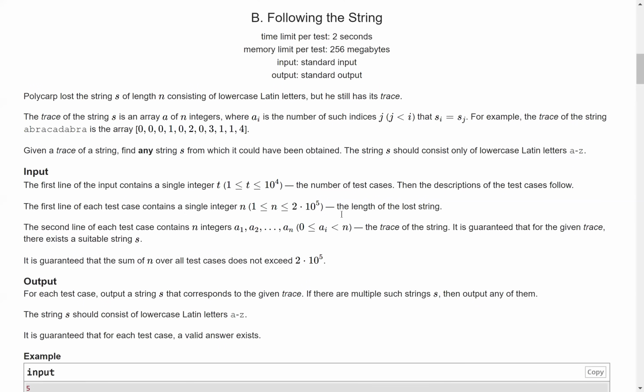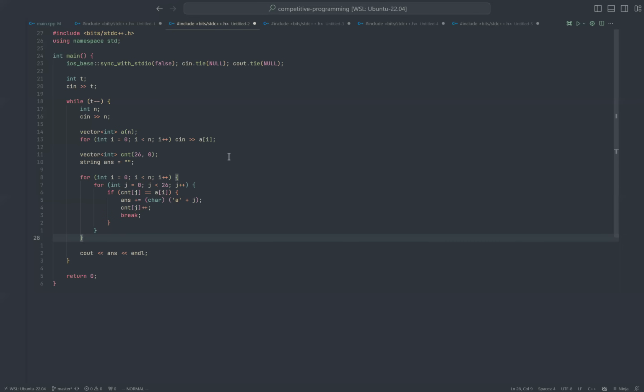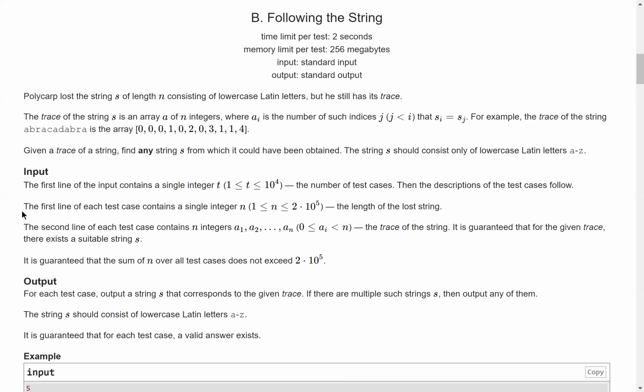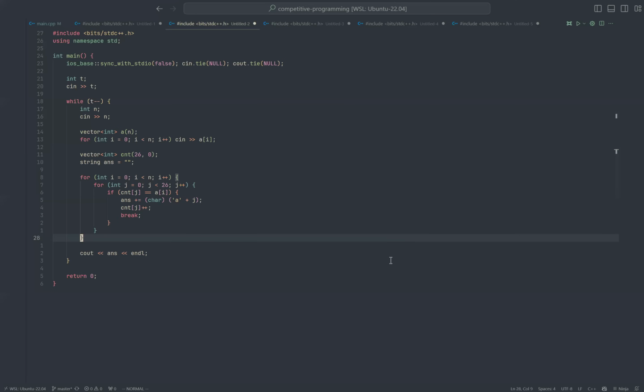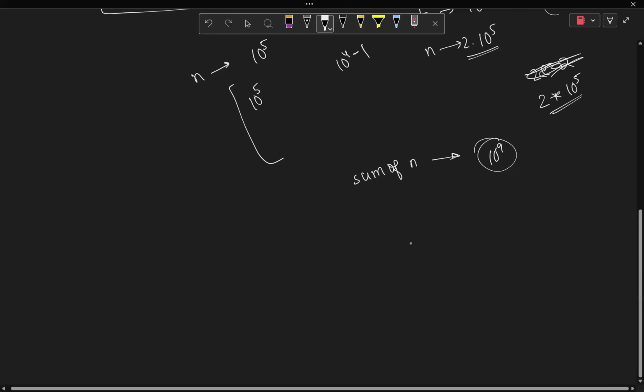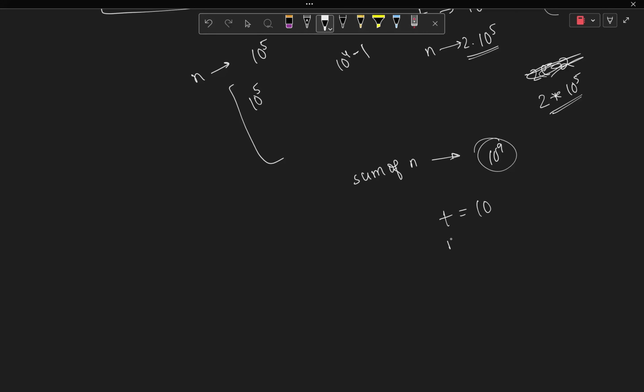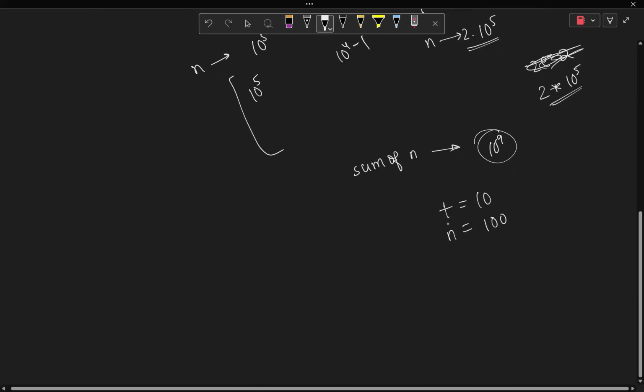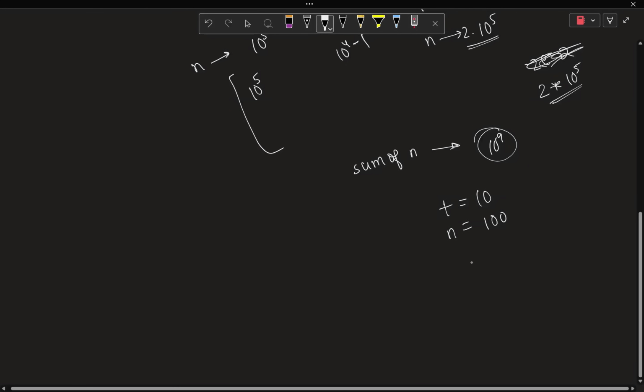No, it's not about the problem or the solution. Just imagine if I say that you will have 10 test cases, and the maximum value of n for a single test case is 100, and I mention that whatever the values of n I take for the test cases, the sum of n over all test cases would never exceed 100.